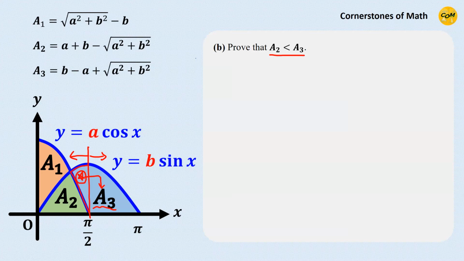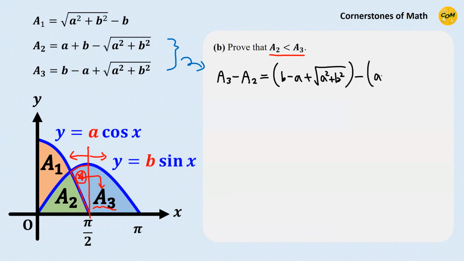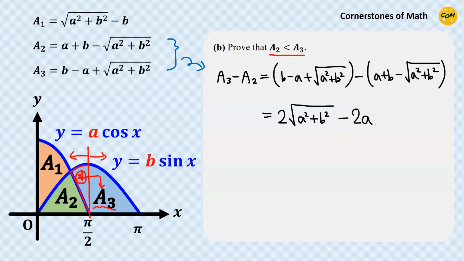But if you do not like the comparison between areas with your eyes, in this integral video you can always use the results of the integrals to prove it more algebraically. So using these two, A3 minus A2 is given as A3, b minus a plus square root of a squared plus b squared, minus A2, a plus b minus square root of a squared plus b squared, which simply gives 2 times square root of a squared plus b squared minus 2a.